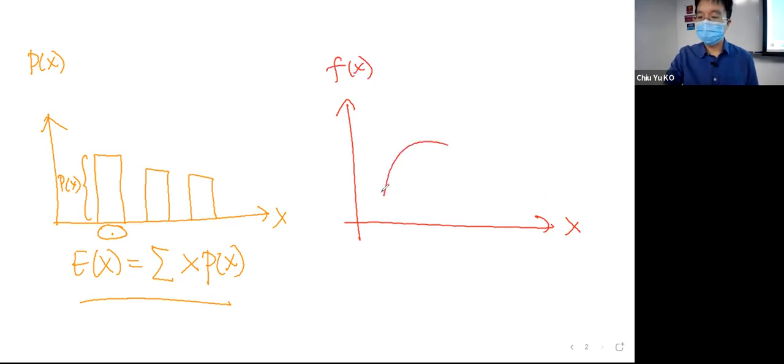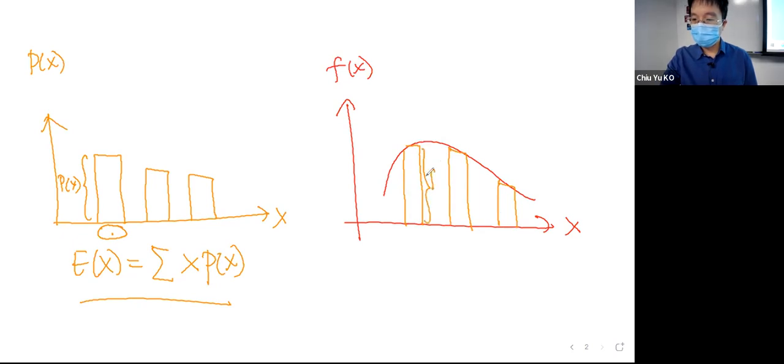With the same idea, we draw a bar chart here again. If the height is called f of x, and the width is called dx, then the mean, the expectation, will be similar.